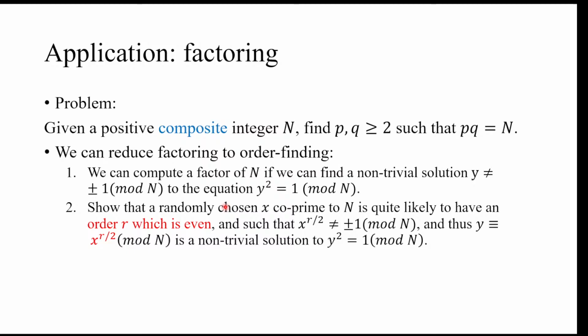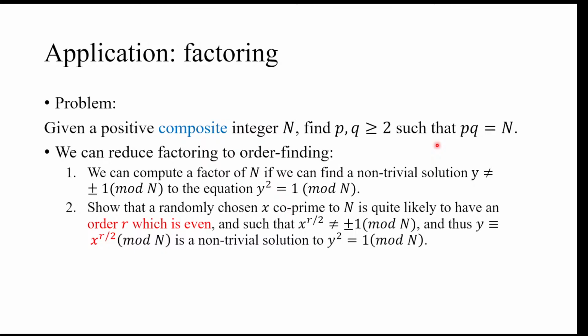Suppose we have an integer n, and this is a factoring problem. We want to find p and q such that p times q equals n. The way we do this is we have order finding.